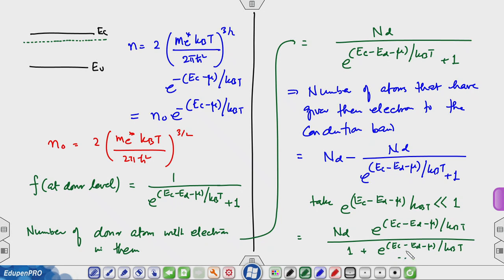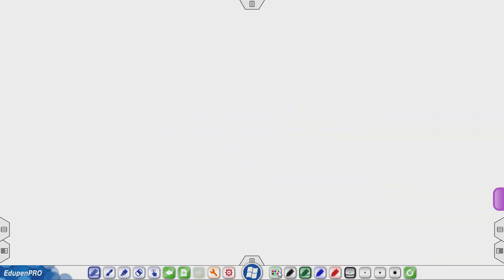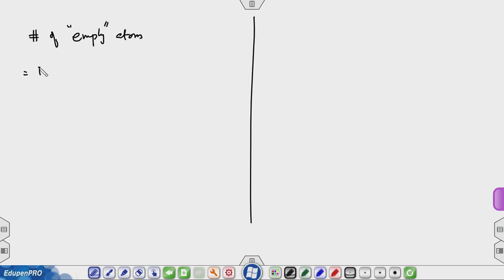So, let me do it again. We have the number of empty atoms equal to N d times 1 minus 1 over e raised to E c minus E d minus mu over k b T plus 1.